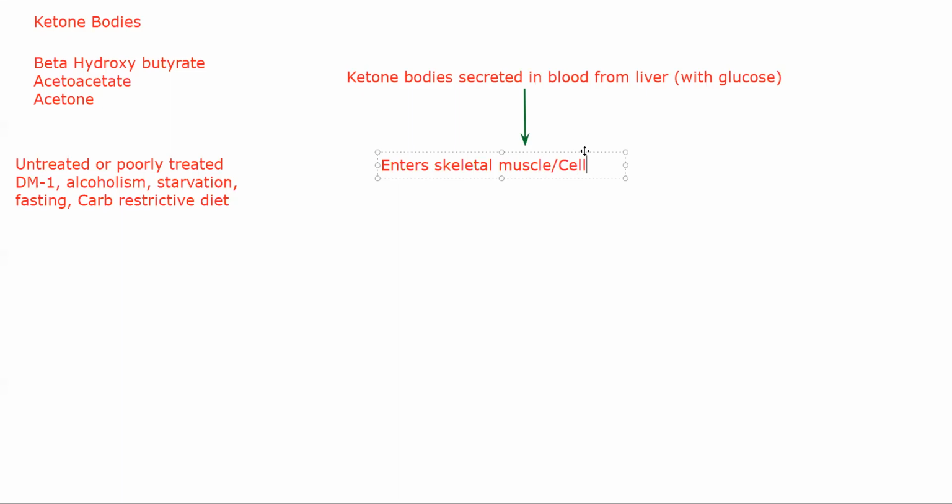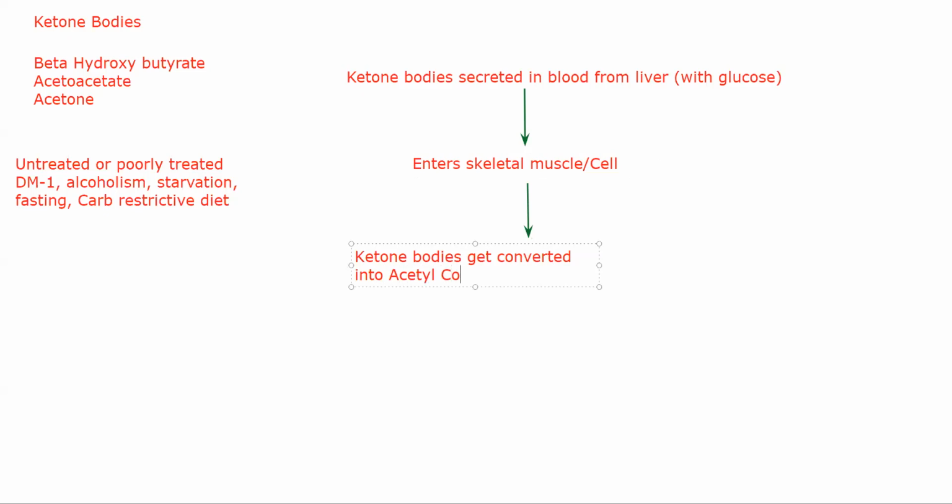Once it enters the cell, these ketone bodies get converted into acetyl coenzyme A. This acetyl coenzyme A will directly participate in the TCA, citric acid cycle.